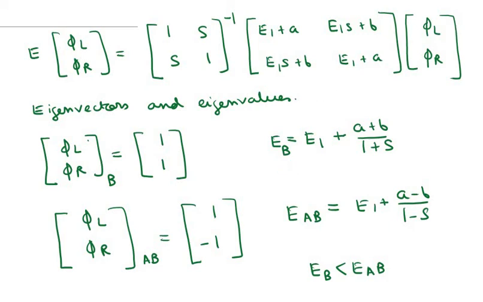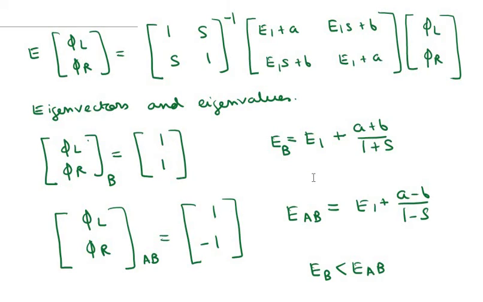Okay, and then let us write the wave function of the bonding and the antibonding orbitals. As we can see, the coefficients of the bonding orbital are 1 1, and the coefficients of the antibonding orbital are 1 and -1.